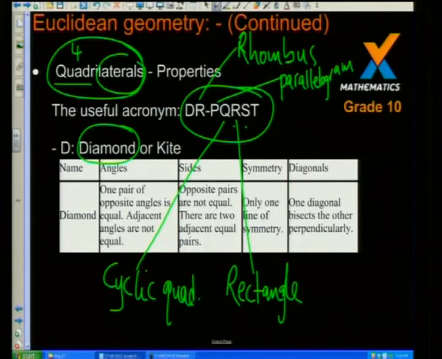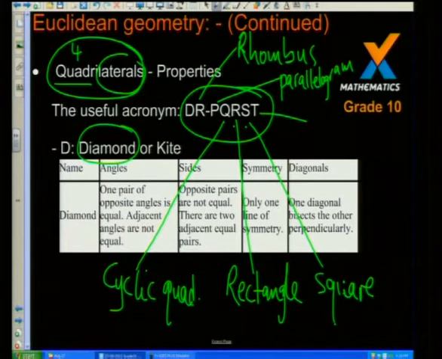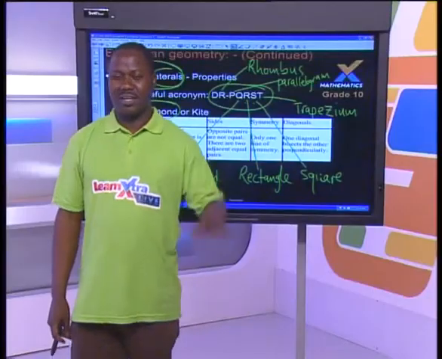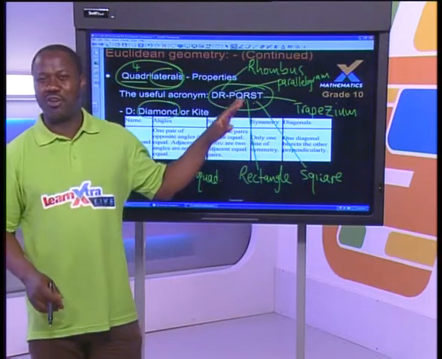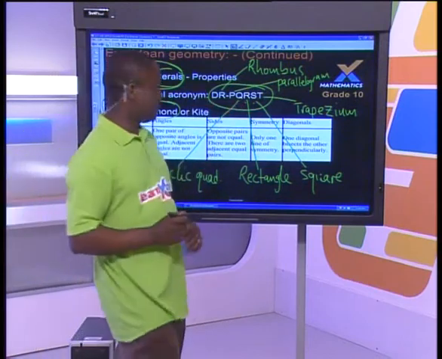I hope you're taking notes. The S stands for a square. And finally, T, you can guess, is obviously trapezium. You can think of any other quadrilateral, and it will not be outside of that acronym. So that's Dr. PQRST, probably hearing it for the first time.